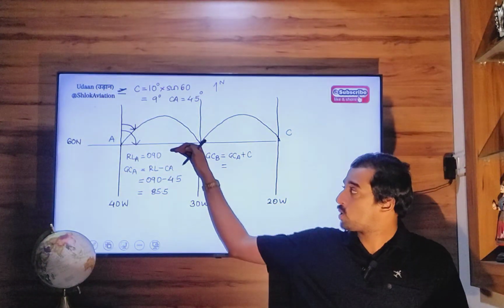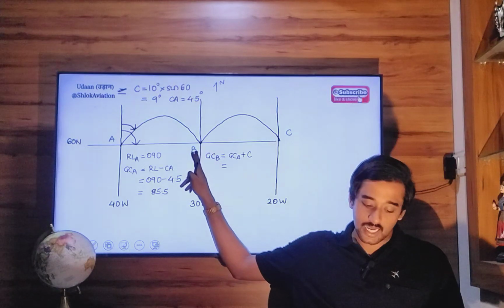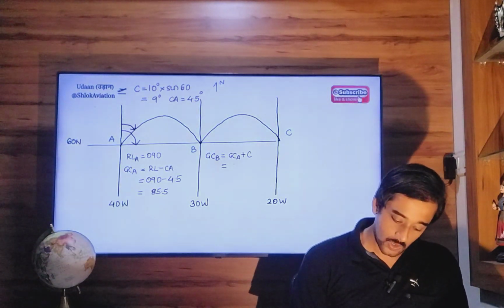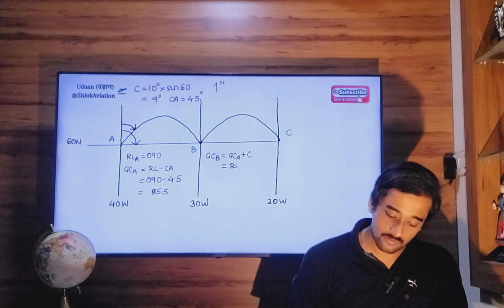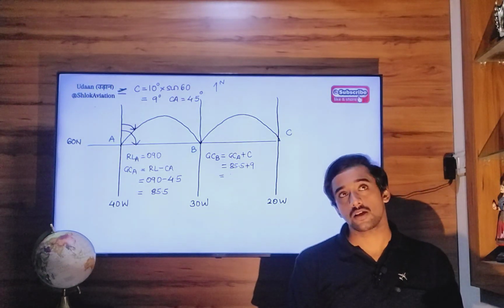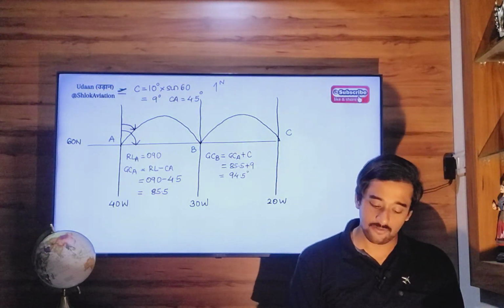So now we are in the north hemisphere and we are traveling towards east. So great circle track at B will be more than the initial great circle track. So 85.5 plus convergency 9 degree, that is 94.5 or approximately 95, whatever.